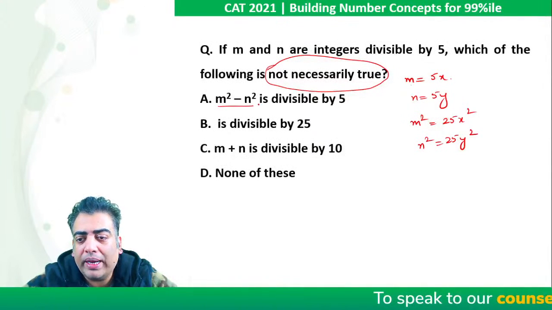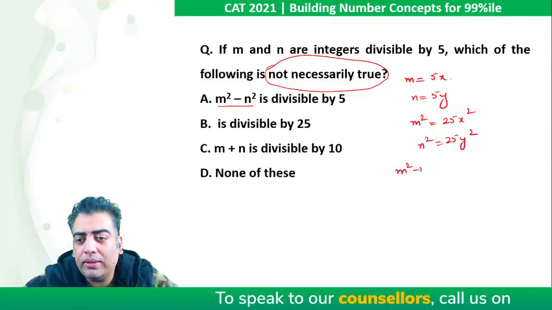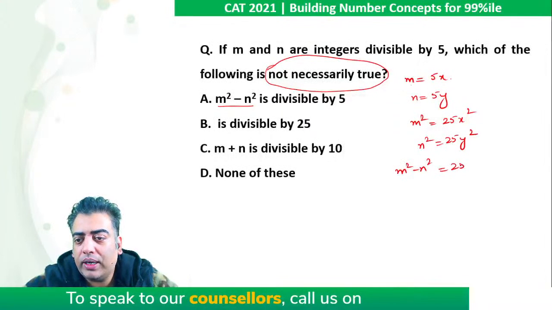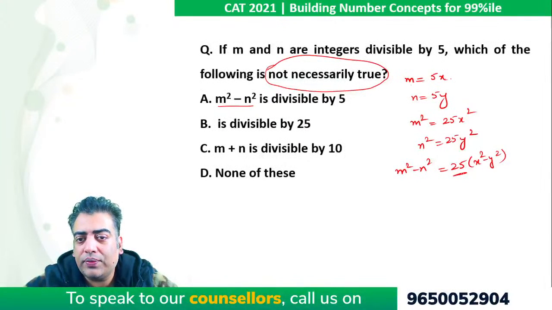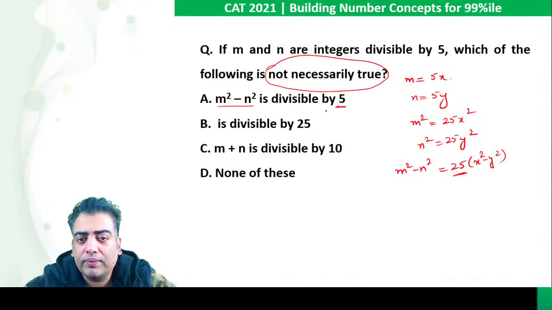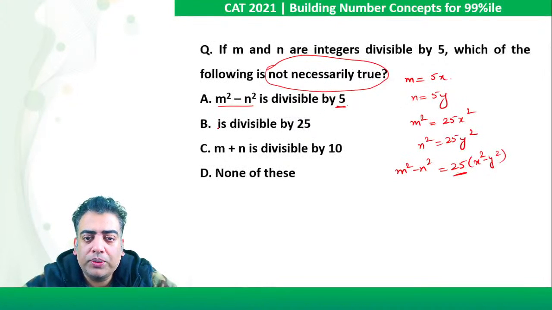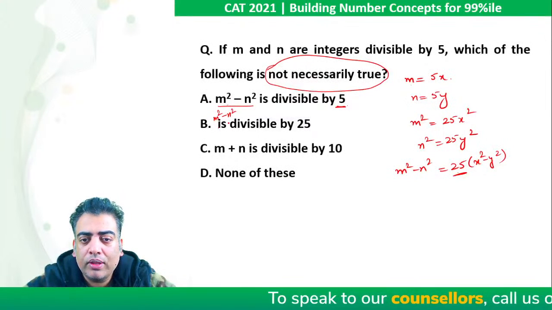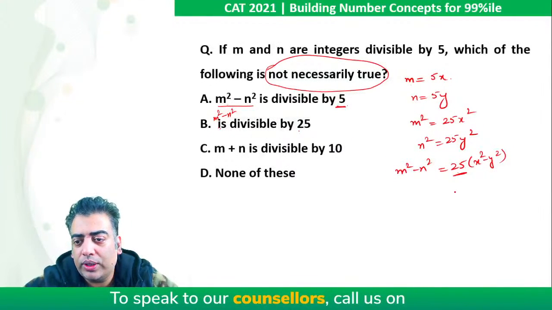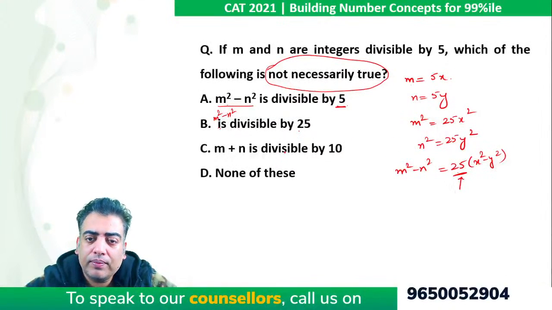So m square minus n square comes out to be 25 into x square minus y square. So this number is definitely divisible by 25, hence it is divisible by 5. Right? So option B says it must be m square minus n square only is divisible by 25. So yes, it is divisible by 25.